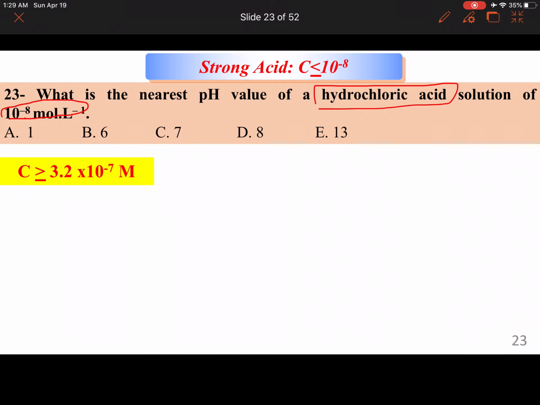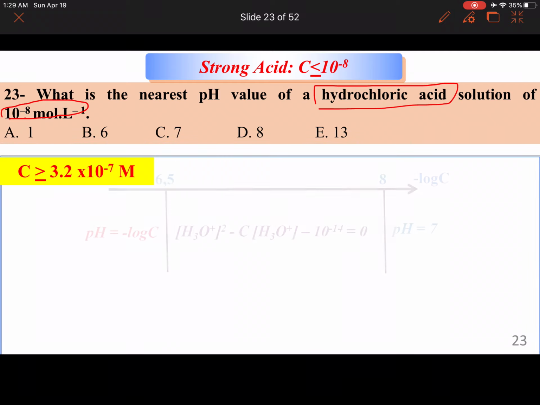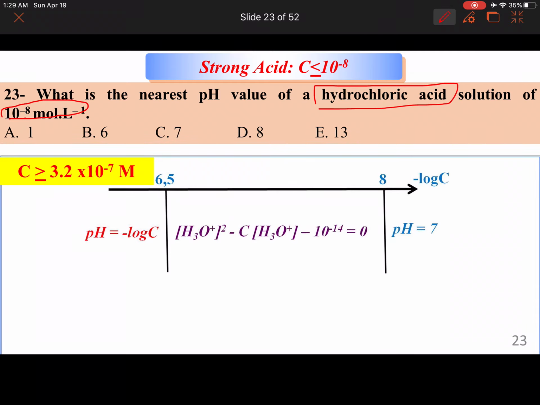Let me just do pH equals minus log of the HCl concentration. If you do that, what do you get? You would get that the pH is what? If you had done minus log of this concentration, you get a pH of 8.